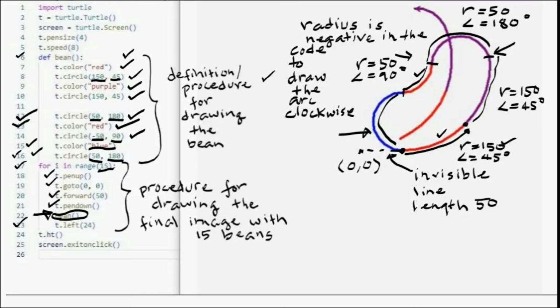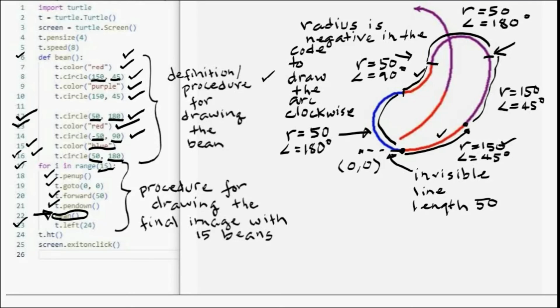So let me write it down. The radius of the smaller circle from which the semi-arc is taken is 50, and the angle of generation is 180 degrees. So we have already completed all the steps in the definition procedure for drawing the bean.